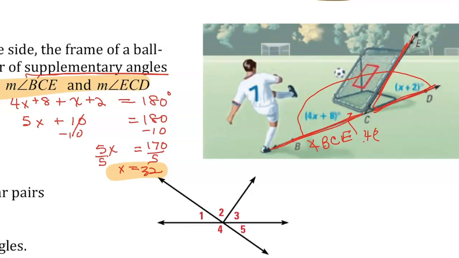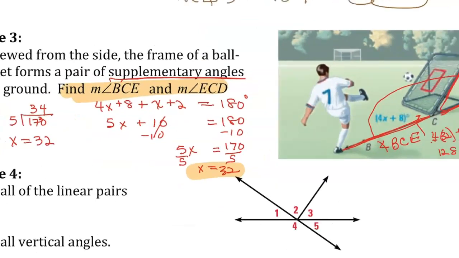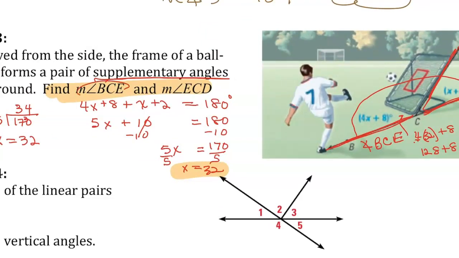Plug in your 32, and then add 8. So let's do the math. 4 times 2 is 8. 4 times 3 is 12. 128 plus 8 is 136. So that angle, BCE, this angle right here is 136 degrees.